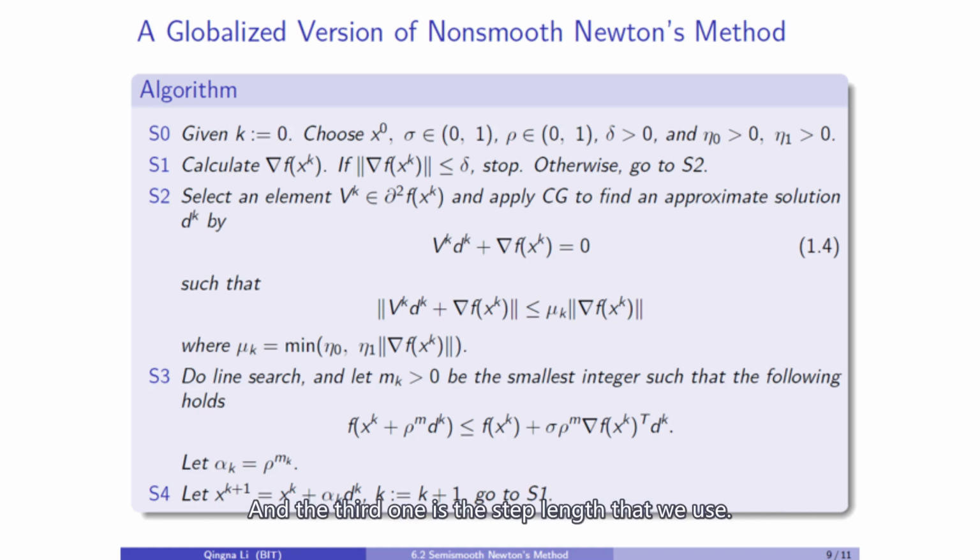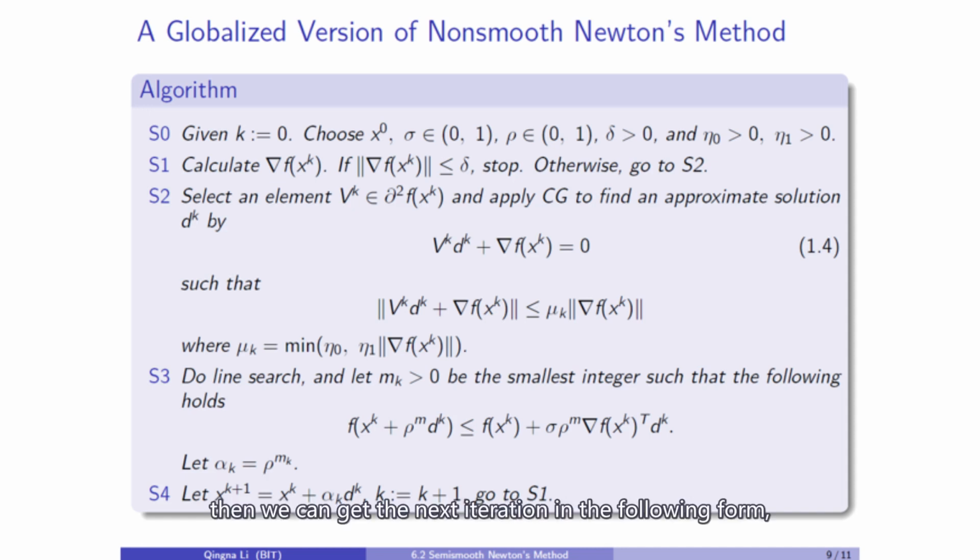The third step is the step length that we apply. We apply the backtracking strategy to do the step length. That means that we start with mk equals 0 and increase mk one by one until the following condition holds. Then we reach the alpha k in the form of rho to the power mk.